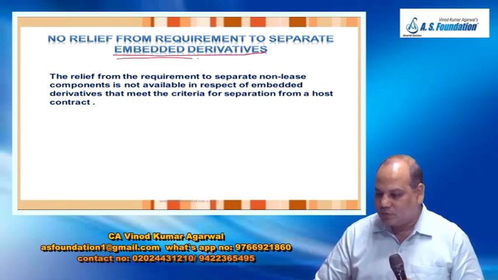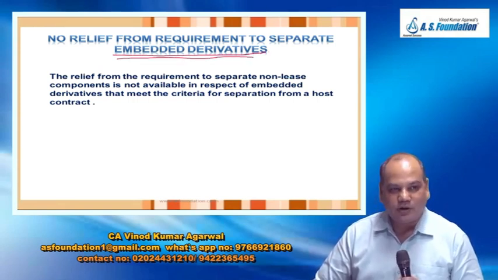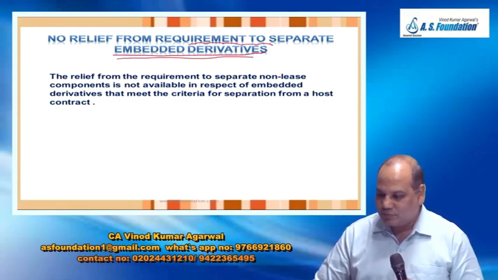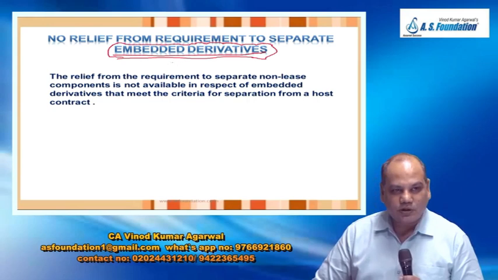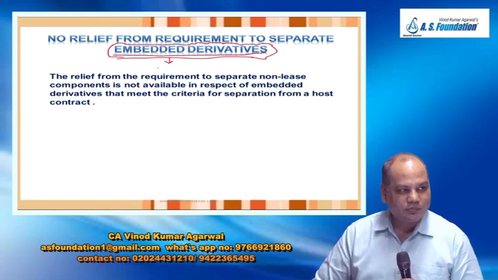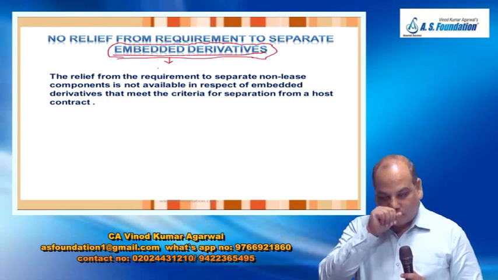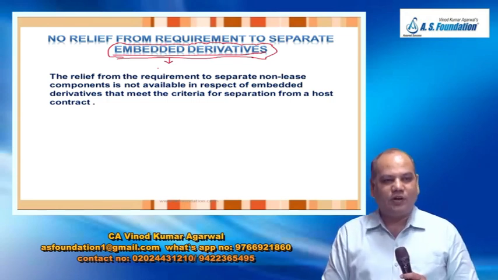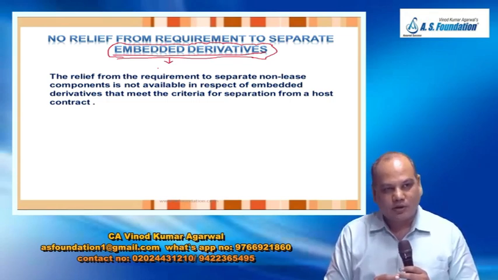Are you given exemption from not separating the embedded derivative also? The answer is no. First you tell me which standard deals with embedded derivative. Financial instrument. Either you can say IFRS 9 or Ind AS 109.